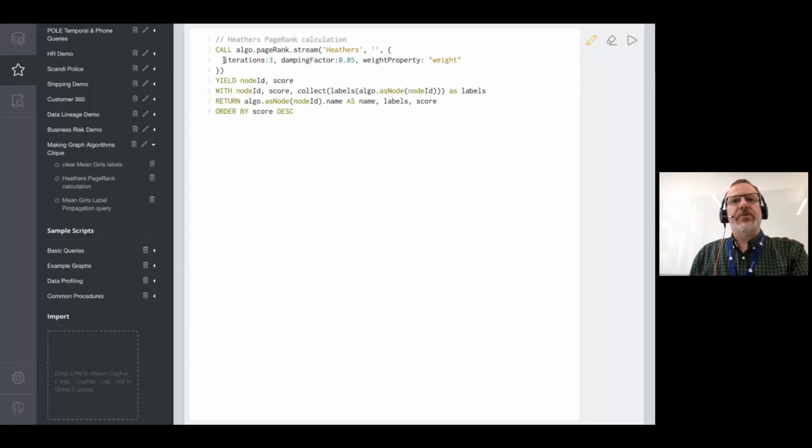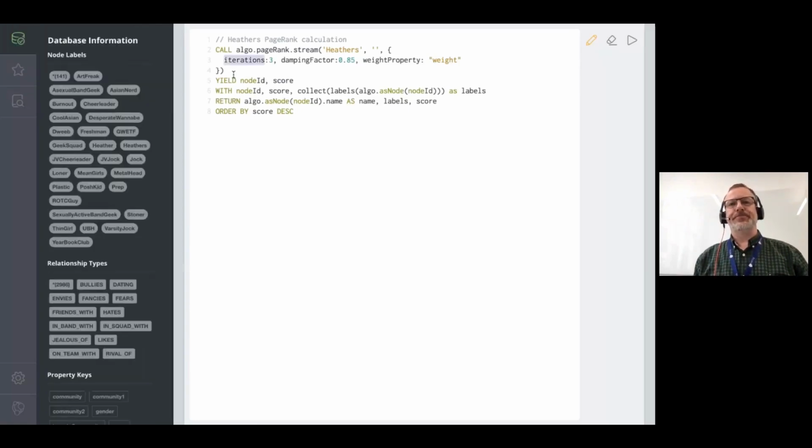We're passing in a few parameters, and we'll see what tweaking these can do. First we're going to start with 3 iterations, 3 passes over the database to run our calculation. We're using a weight property on our relationships. Not all of our relationships are created equally. For example, the Heathers like each other, but they're more like frenemies, right?